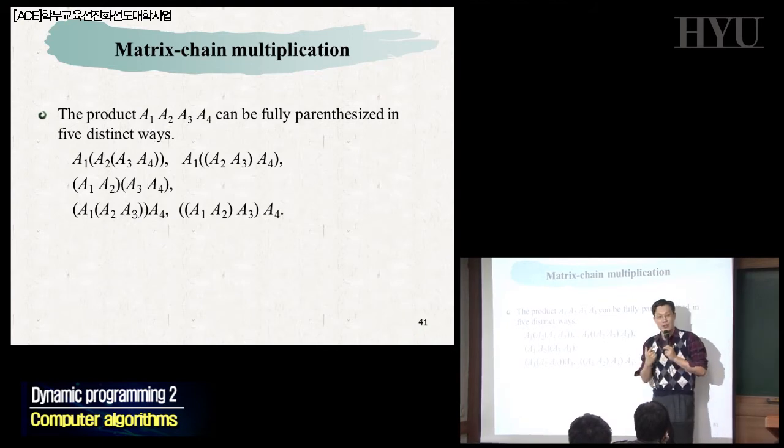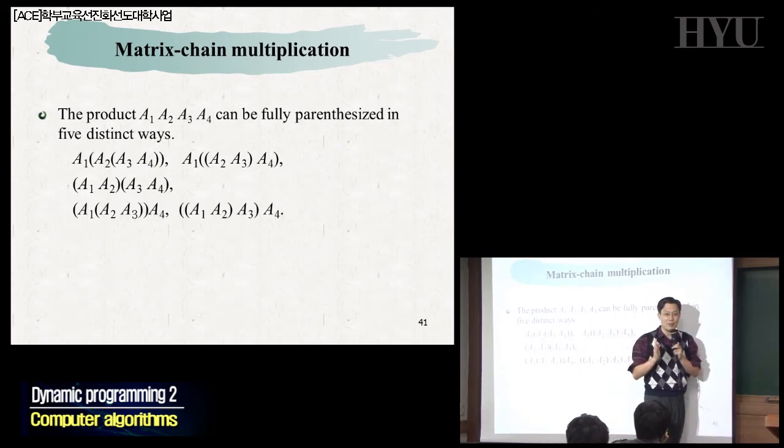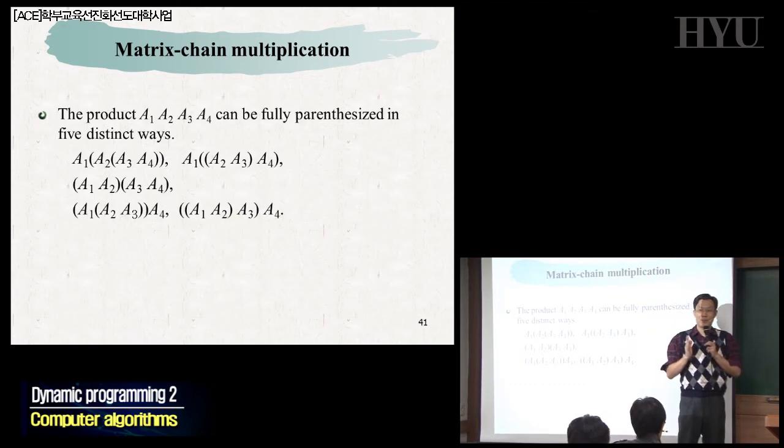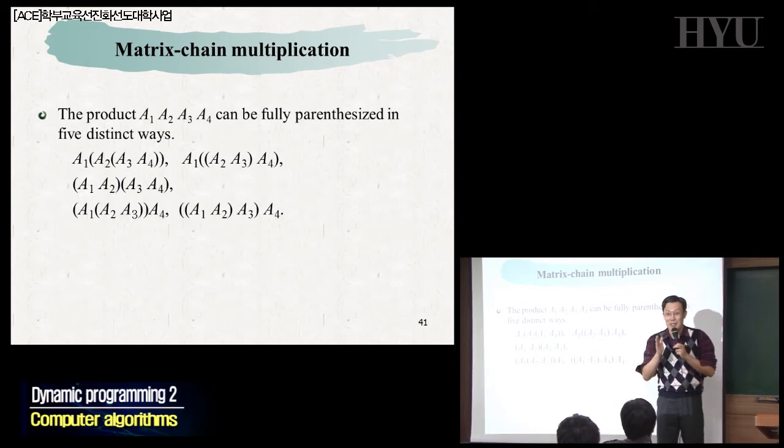In both parenthesizations, the multiplication between A1 and A2 is the last multiplication. I'm not saying multiplying A1 and A2. I'm just saying the multiplication between A1 and A2. Can you see the difference?